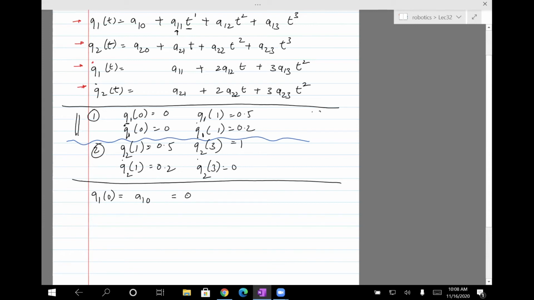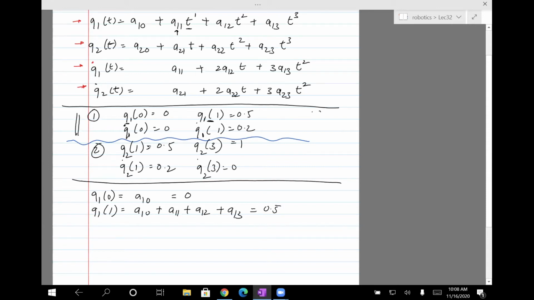So a10 is 0. Next, since we had positions, let's use the other position condition, q1 of 1 equals 0.5. So q1 of 1 equals a10 plus a11 plus a12 plus a13 equals 0.5. Okay, we're done with positions.